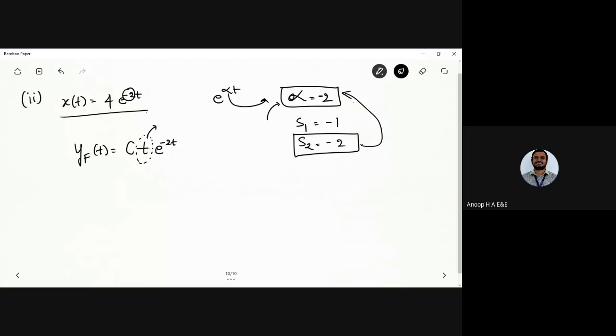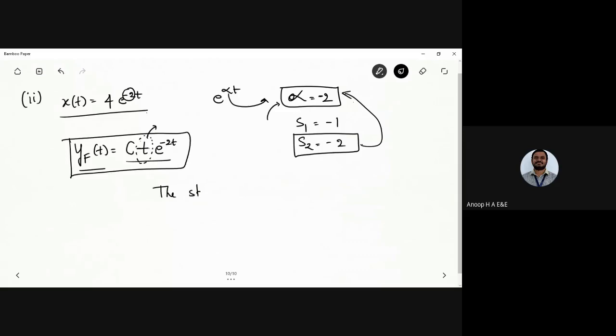So yf of t equals c times t into e power minus 2t. This is the structure of the forced response.